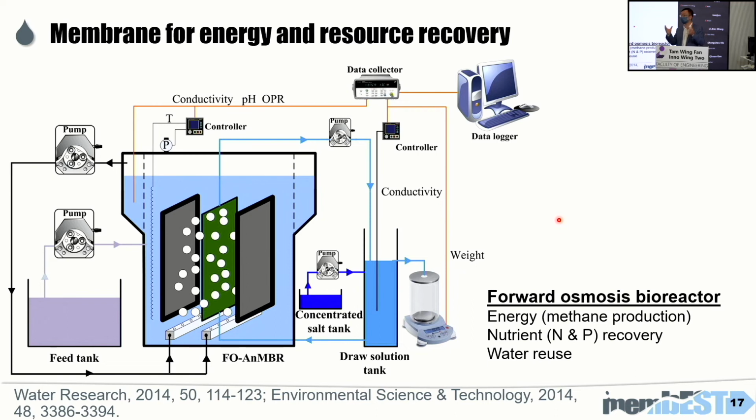Once we concentrate wastewater, we can take some valuables out of it. For example, we can recover nutrients, nitrogen and phosphorus, for agriculture application. Or you can convert the organics into methane or even hydrogen, and then you can utilize the energy.